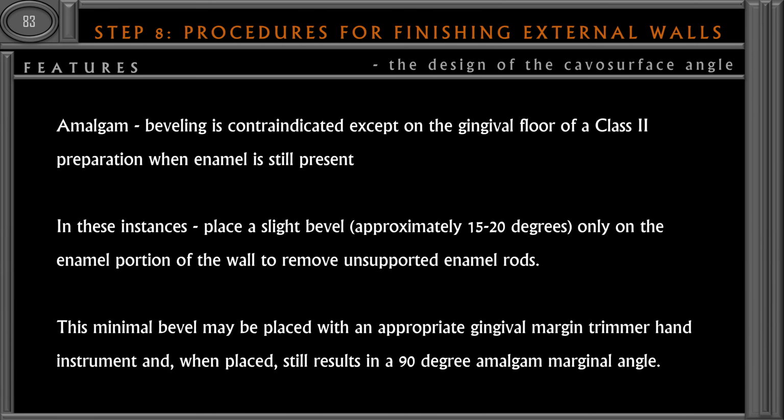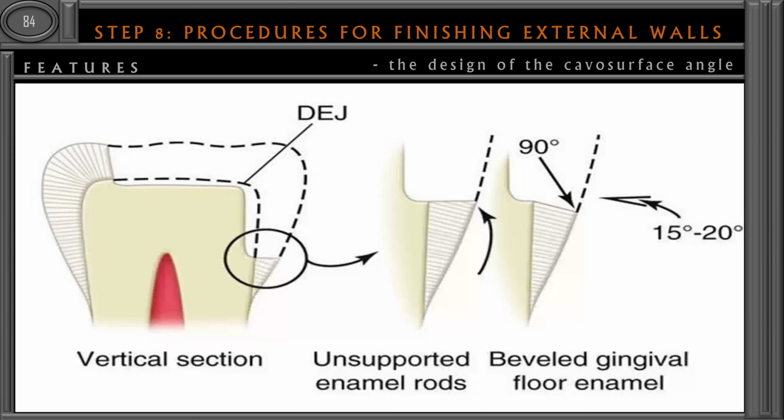And for amalgam, although we do not call it a bevel, a slight beveling of around 15 to 20 degrees may be done. Let's see in this picture, we can see some unsupported enamel rods in this area.